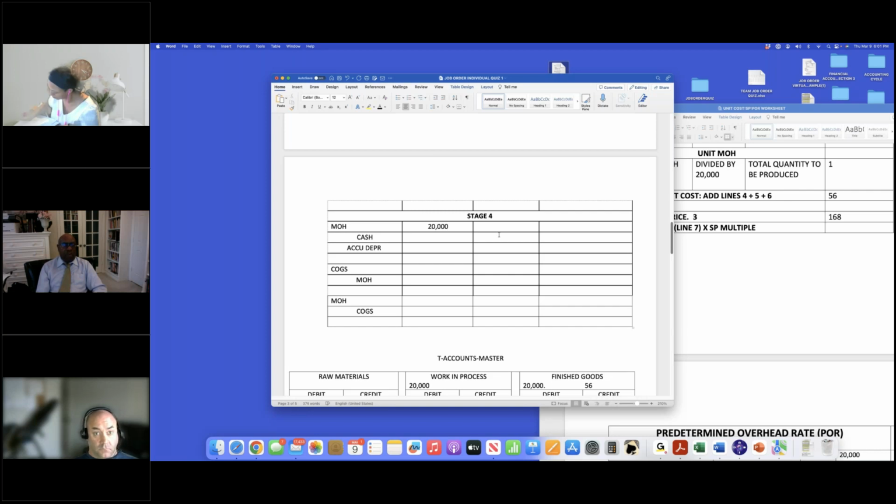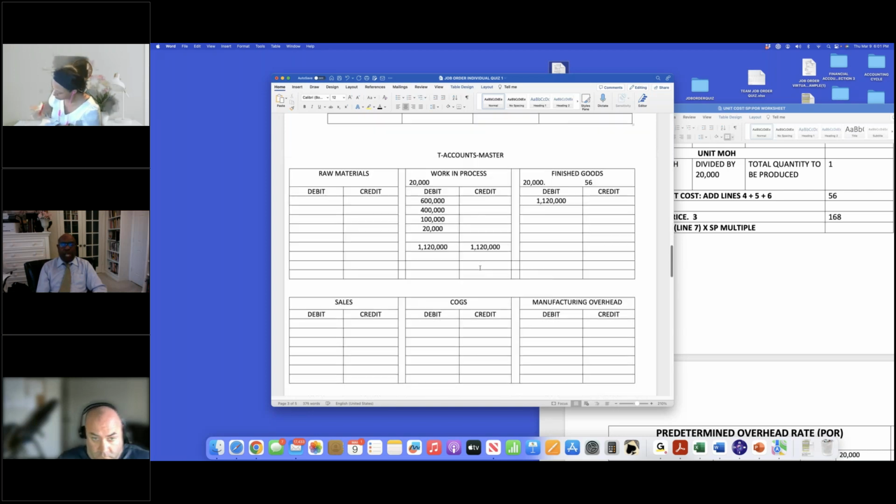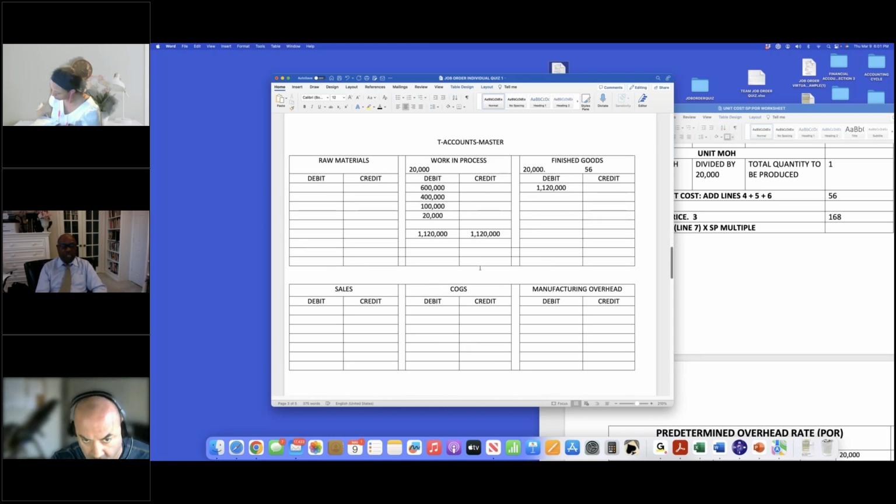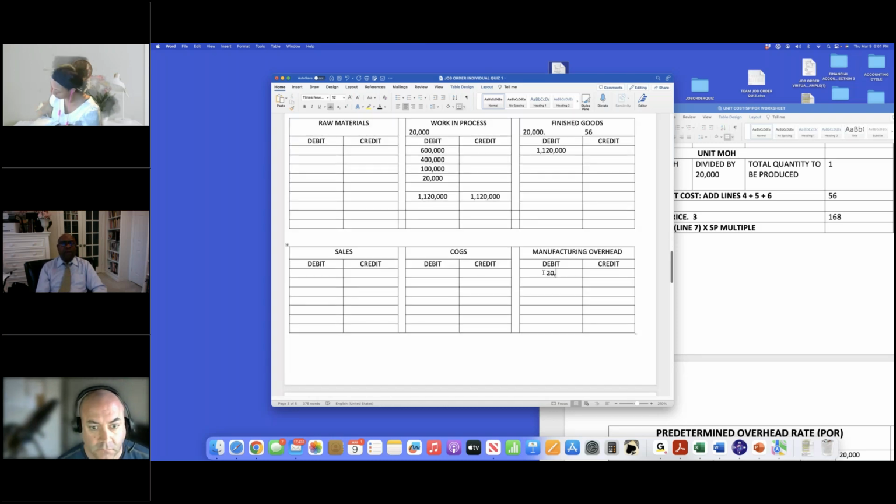So we're going to debit manufacturing overhead for that 20,000. In stage 3, we put in 20,000, so we're going to credit it for 20,000. There is no over or under because what we estimated, 20 in stage 3, was what we actually incurred.